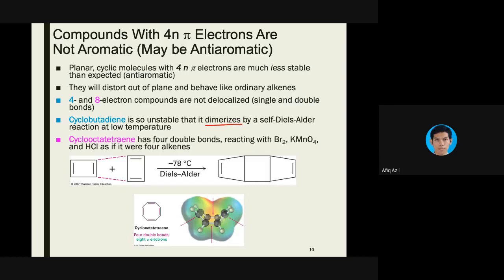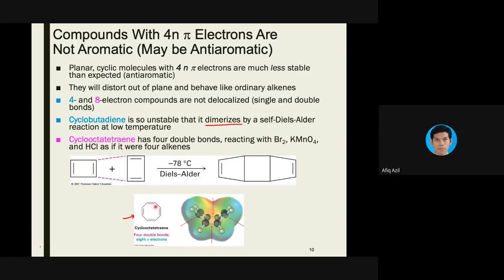Then you also have this cyclooctatetraene, which has 4 double bonds, the one below over here. Okay, this one, 4 double bonds, can react with Br2, potassium permanganate, and also HCl as if it were 4 alkenes.